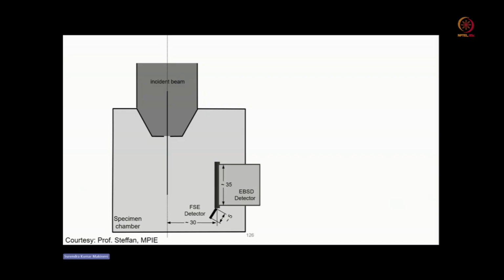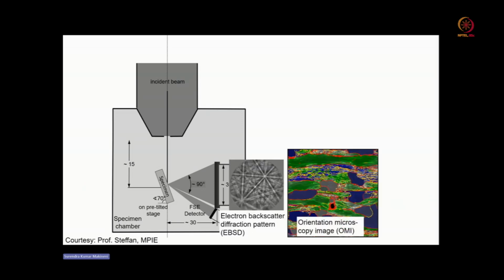The specimen is tilted at 70 degrees, and when the electron beam falls on the specimen, it generates backscattered electrons. As these are inelastically scattered electrons, they generate the Kikuchi maps, and these Kikuchi maps are detected on the EBSD detector. So you will get a Kikuchi map and the orientation map of a particular sample.